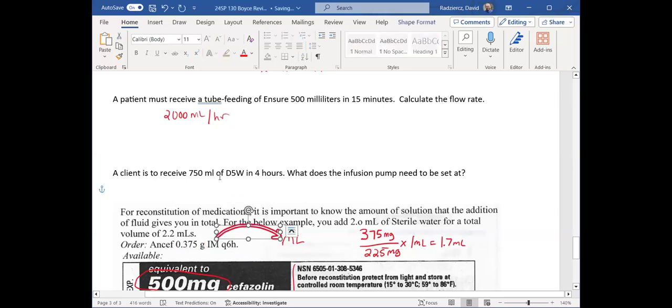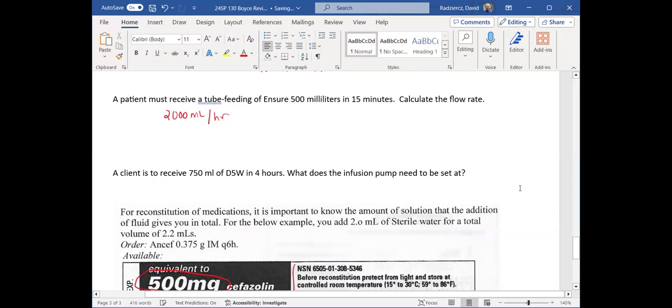So the 750 ml in 4 hours, what would you program your infusion pump for that? Good.